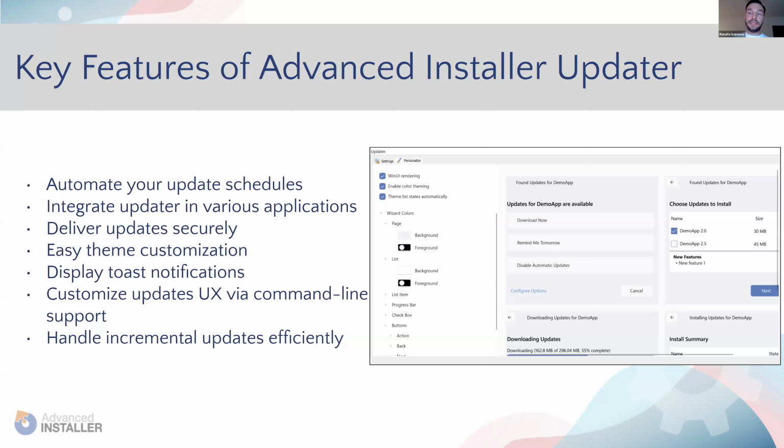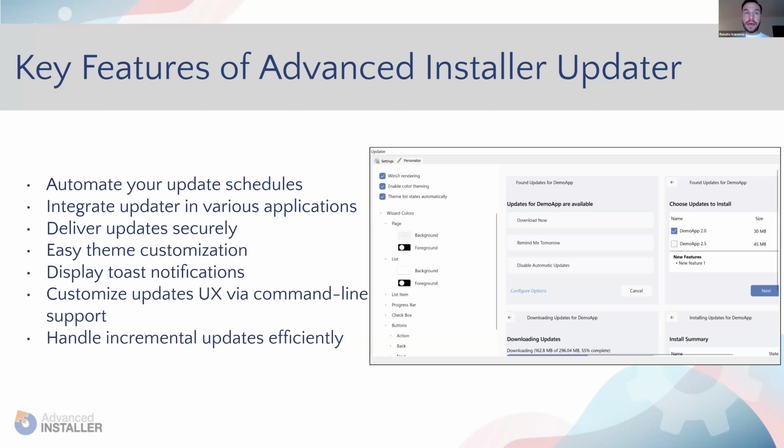This gives you greater control over the entire update process. And also, Advanced Installer supports incremental updates, including canary and production releases. These are just some of the key capabilities. There are many more you can explore to further streamline your update process.